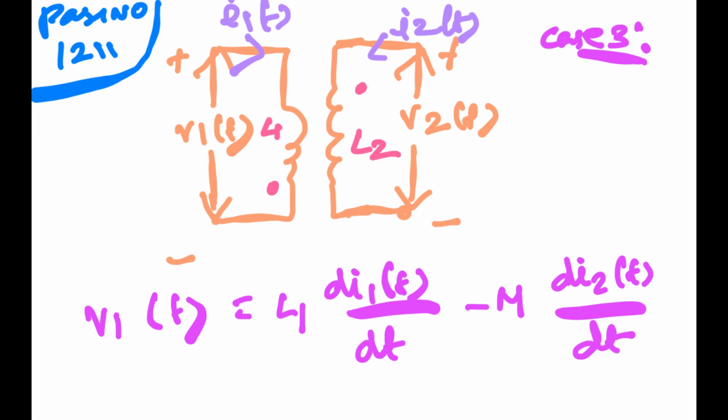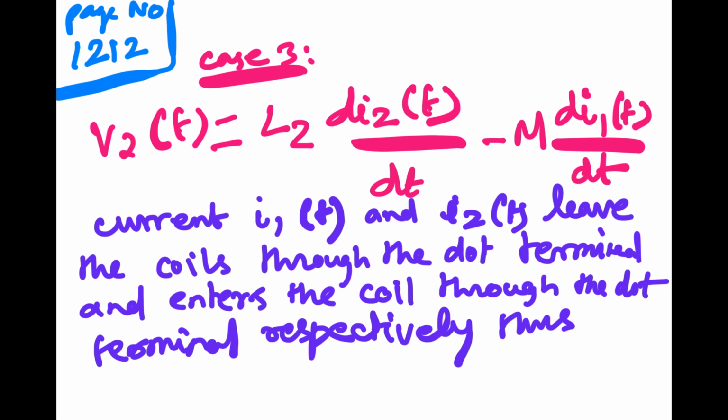Case 3. The first coil's dotted point is a leaving point. The second coil's dotted point is an entry point. Mutual inductance opposes the self-inductance, so put a minus sign for minus M di2(t) divided by dt. v1(t) is L1 di1(t) divided by dt minus M12 di2(t) divided by dt. v2(t) is L2 di2(t) divided by dt minus M di1(t) divided by dt.